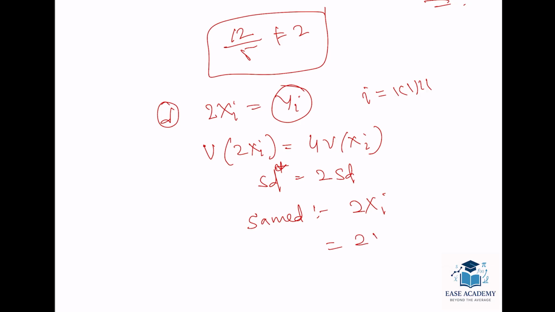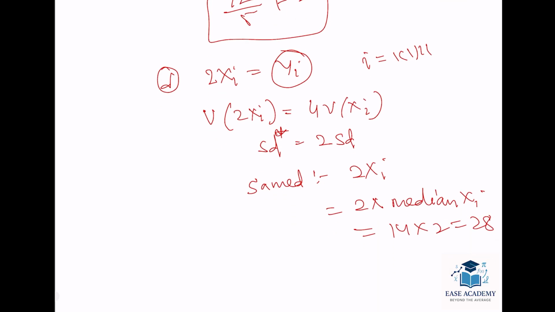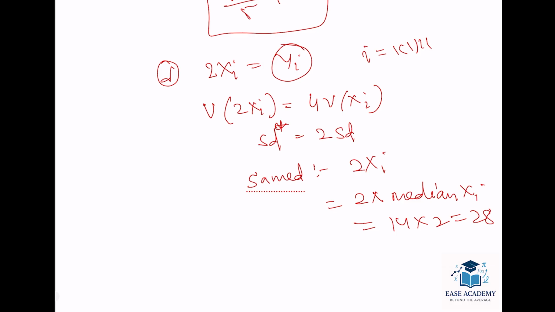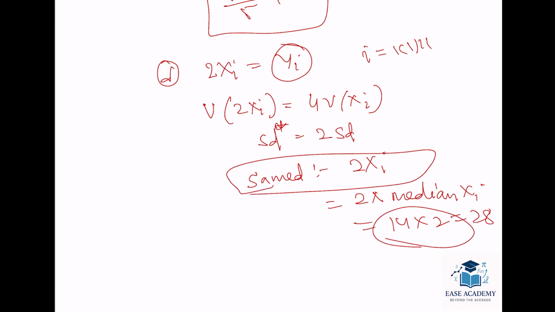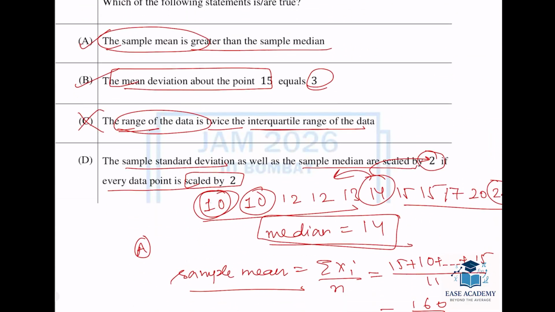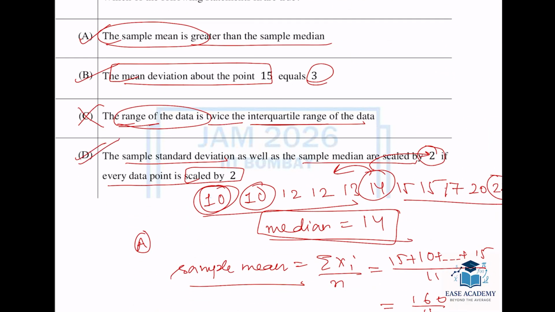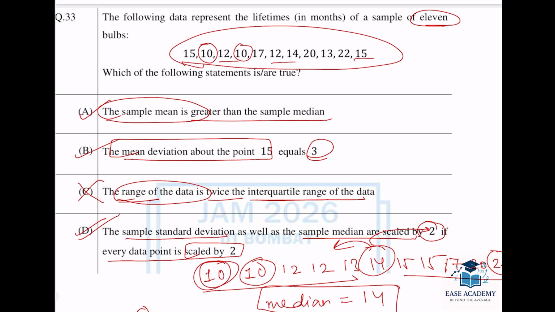Median of xi is 14, that is 14 into 2, 28. So here you can see the sample median is scaled by twice by scaling every observation by 2, and the standard deviation is also scaled by 2. That means option D is correct. So the options are A, B and D.